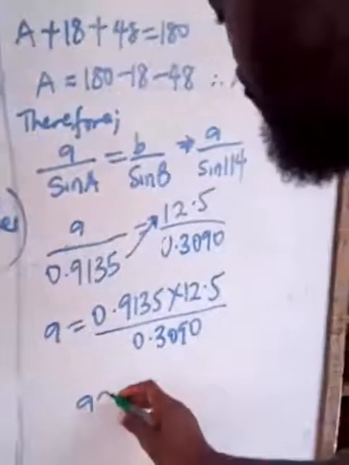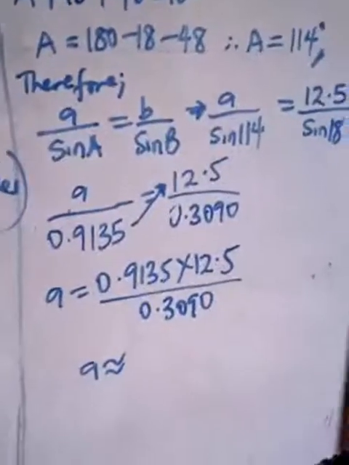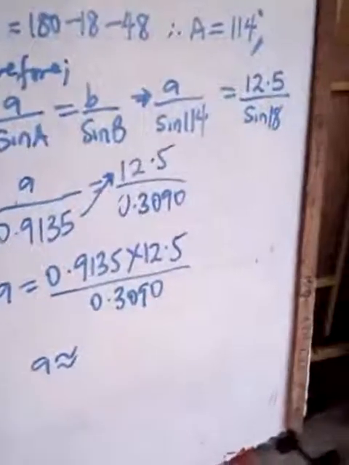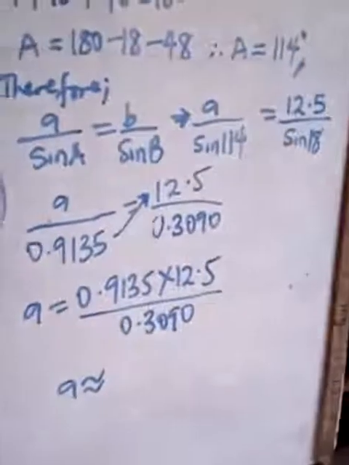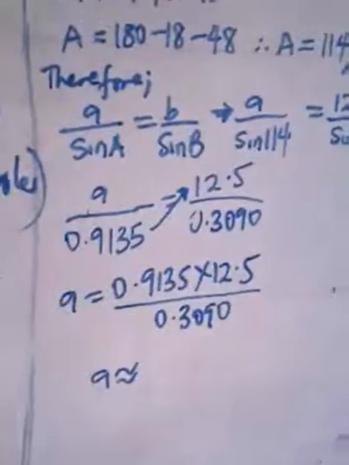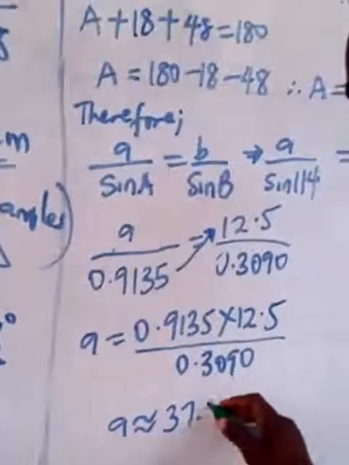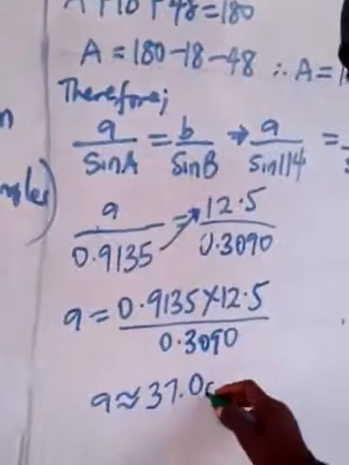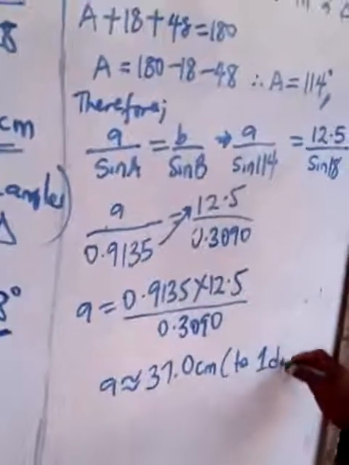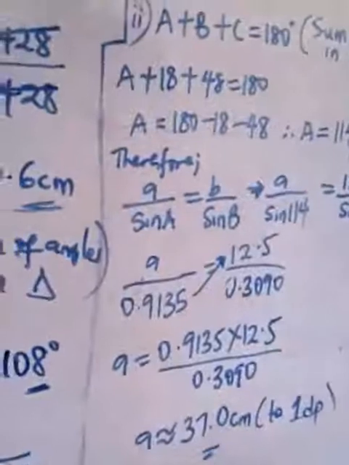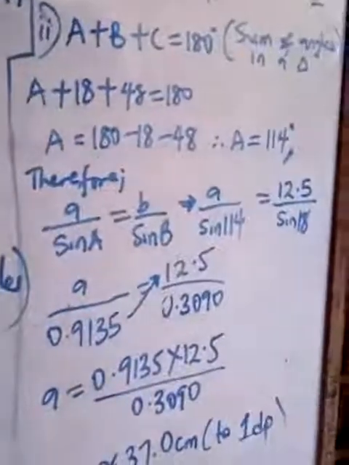So a will be approximately 0.9135 times 12.5 divided by 0.3090, which is approximately 37.0 centimeter to 1 decimal place. It makes sense because the angle has increased, so we should expect the side to increase.